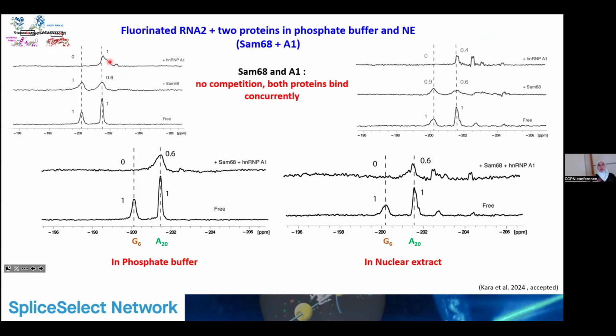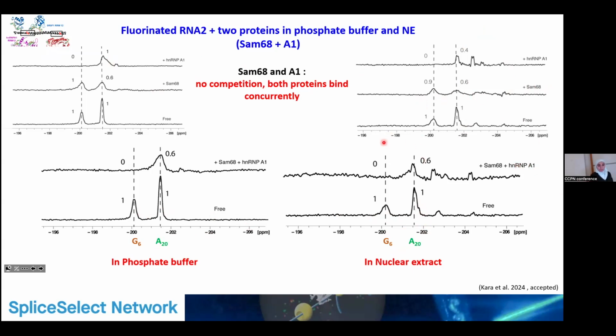Now adding both proteins, a pair of proteins, SAM68 and A1, for example. These are the results with individual proteins, and these are the pairs of proteins added to one RNA. Same thing, controls in buffer and nuclear extract integrals, and then we add proteins SAM68 and A1.